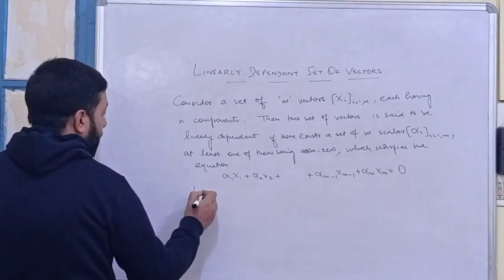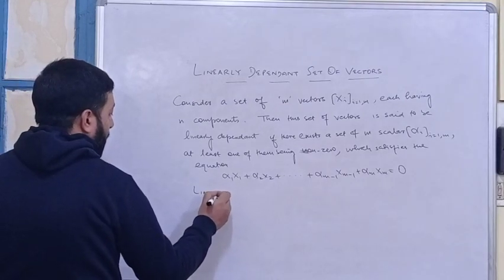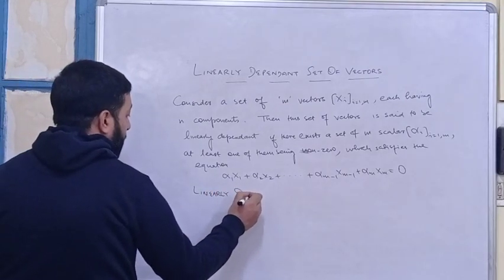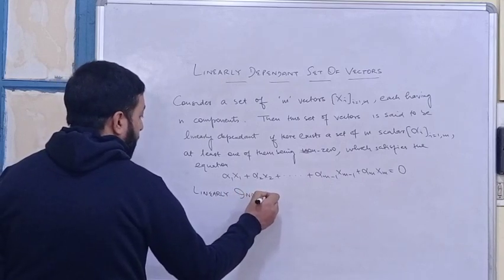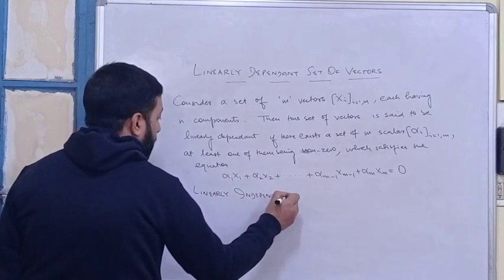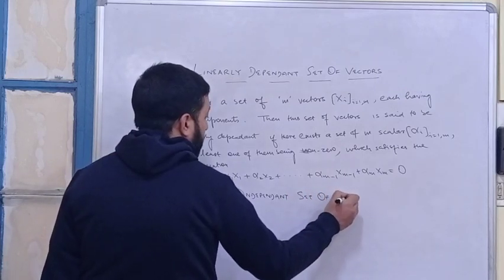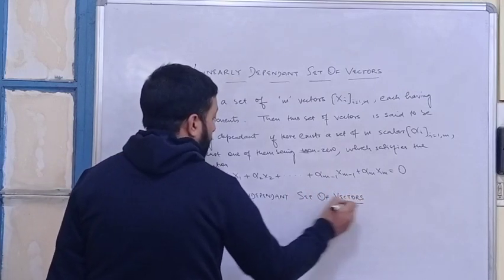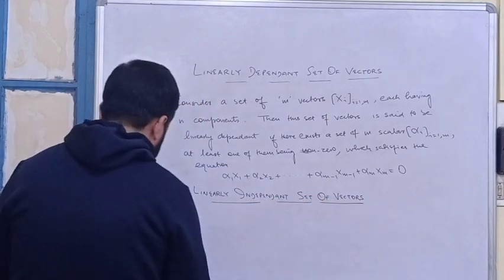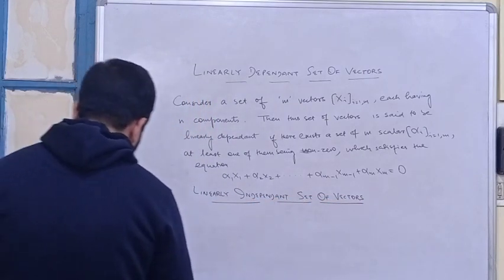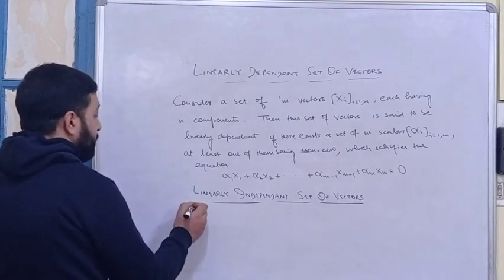Linearly independent set of vectors. So any set of vectors which is not linearly dependent is said to be linearly independent.